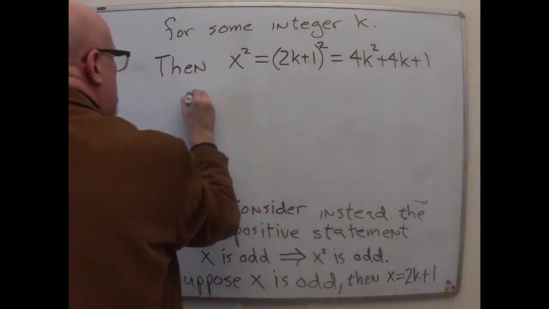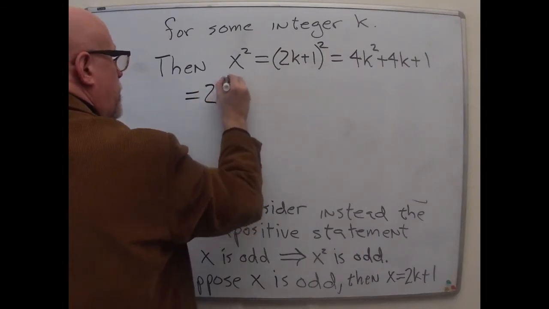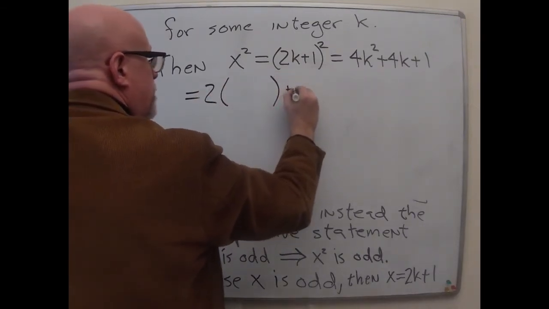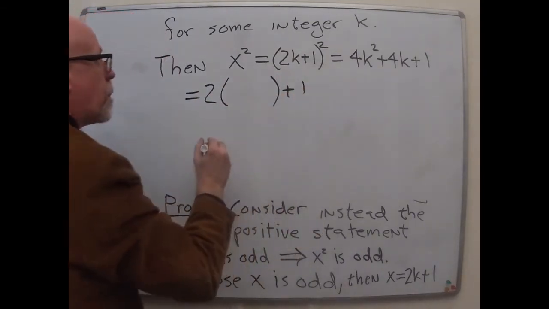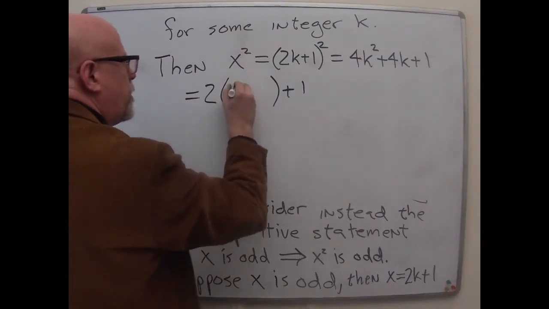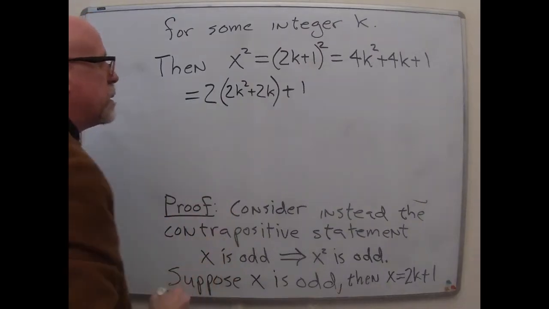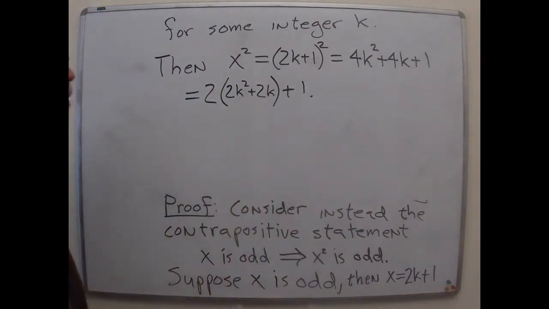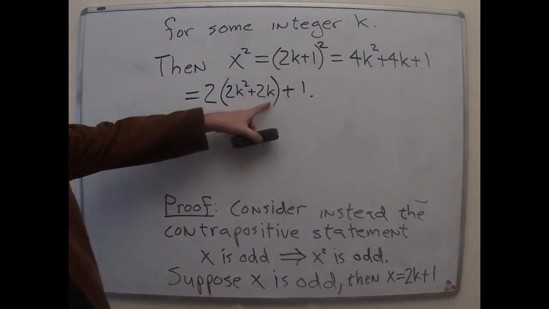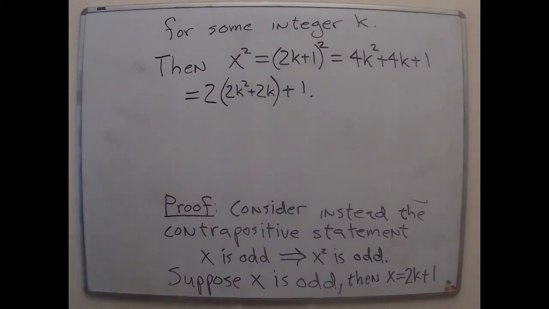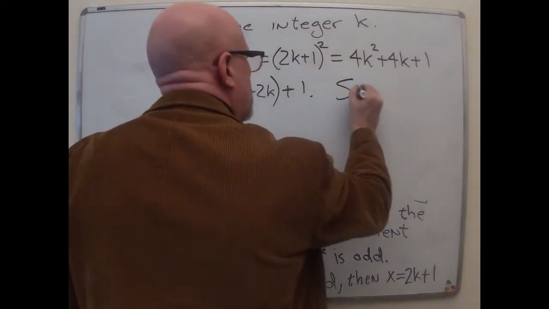And finally that can be written as 2 times something plus 1. What would the something be? 2k squared plus 2k. Well, I think that's pretty clearly an integer by the closure axioms.